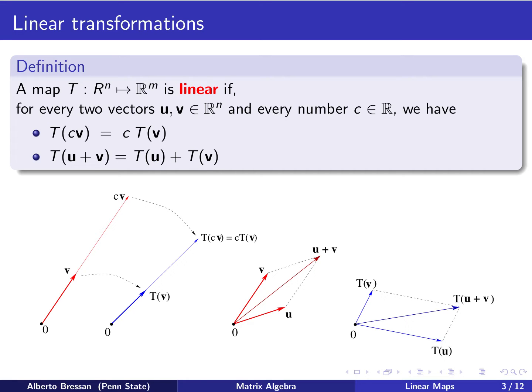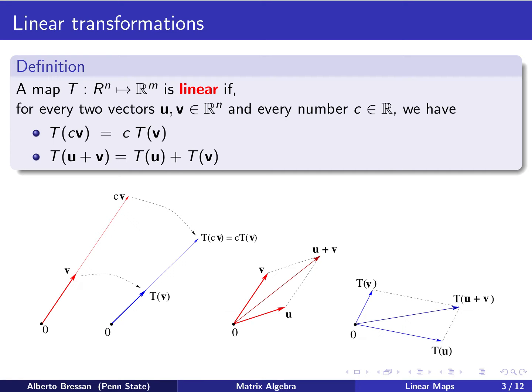Let's look at these properties in graphs. What does property 1 mean? It says that if you have a vector v and you do a transformation, this arrow meaning transformation, you get T of v. And then the vector c times v, let's say c is about twice or three times as long as v. This is a vector pointing in the same direction, but longer.